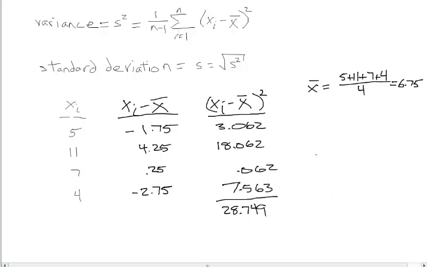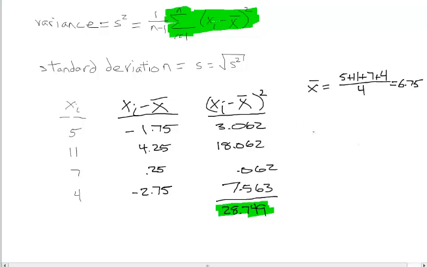And since that represents this whole part of the function, now we're going to take that number and multiply it by 1 over n minus 1.